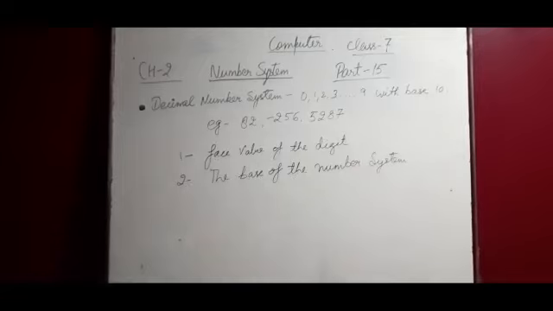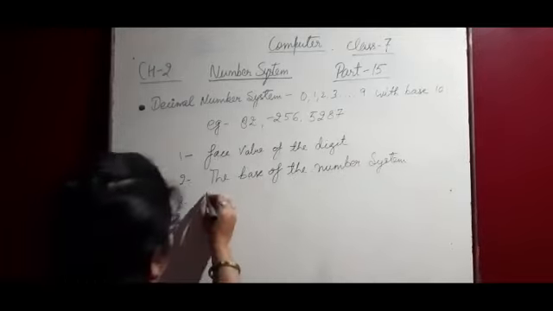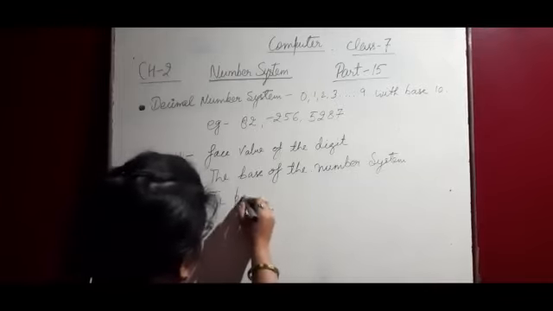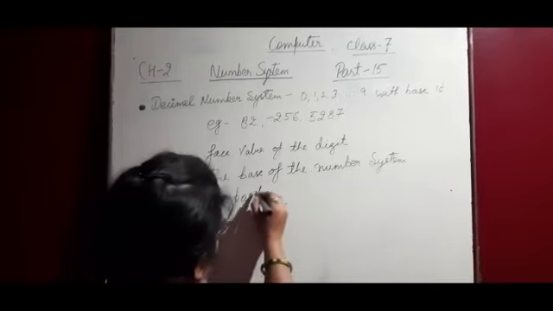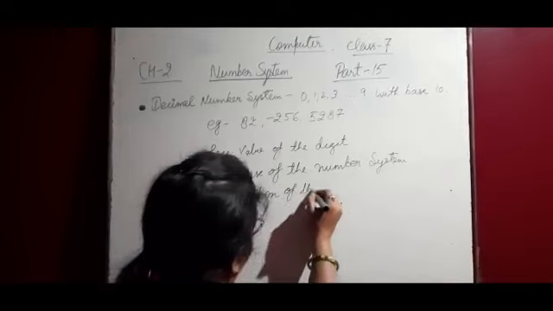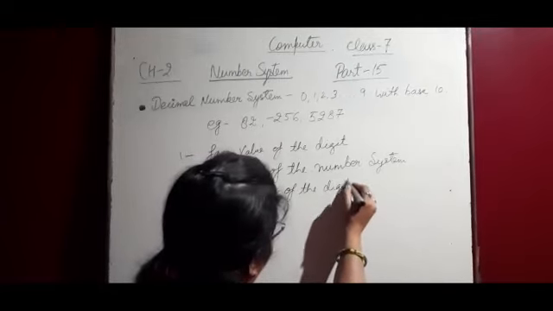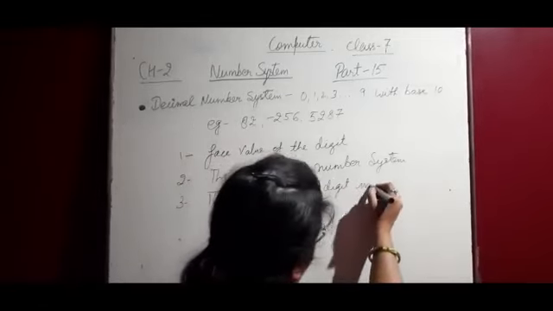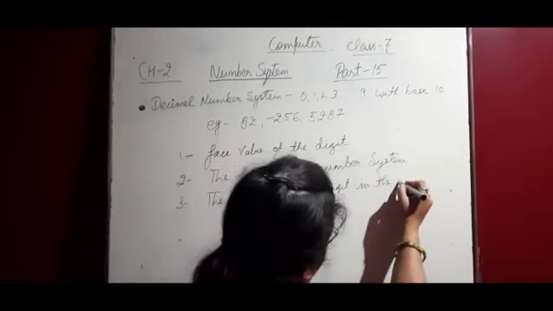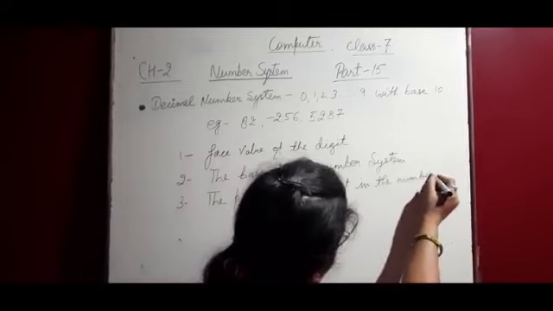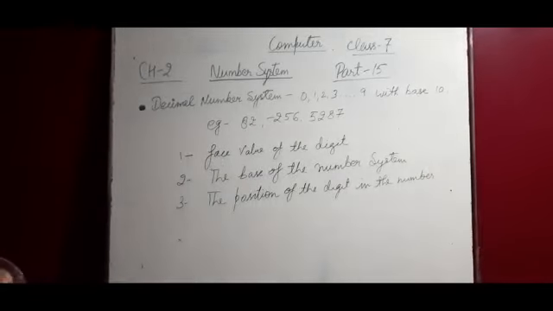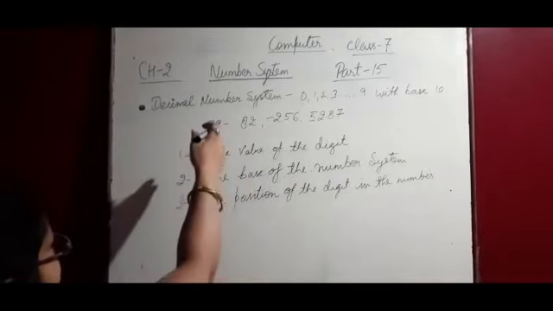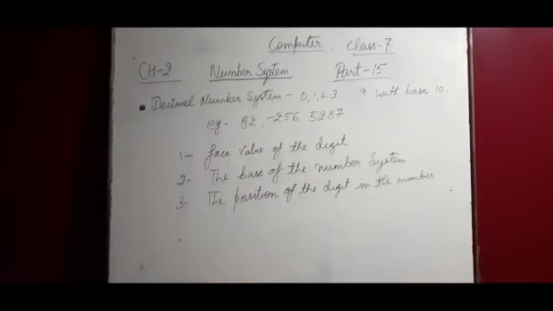The third point is the position of the digit in the number. Is it clear? So the values of numbers totally depend on these points.